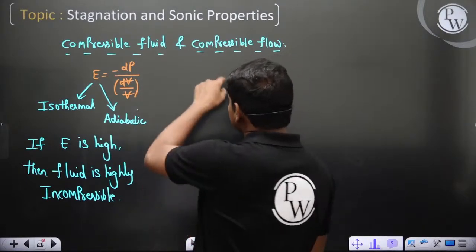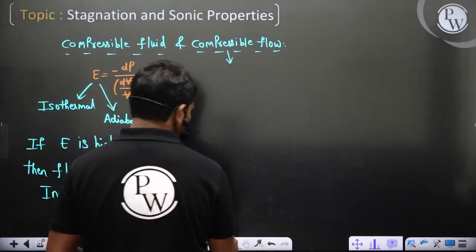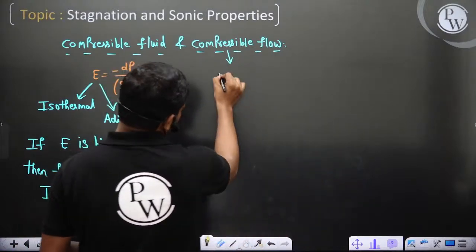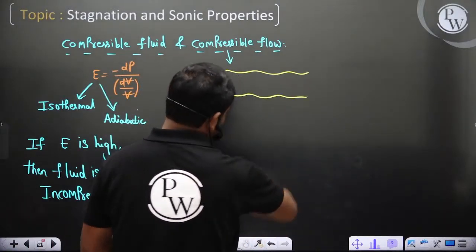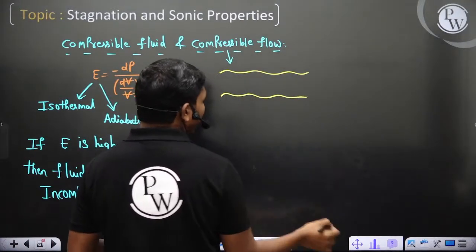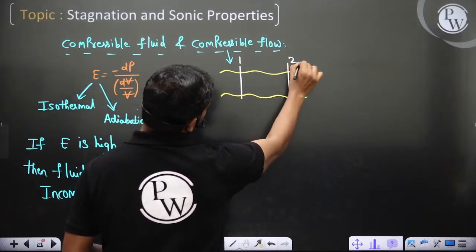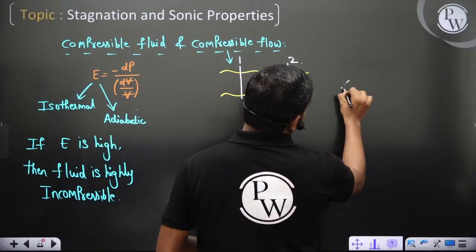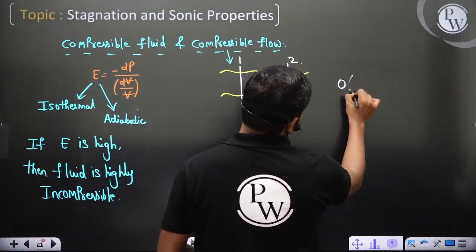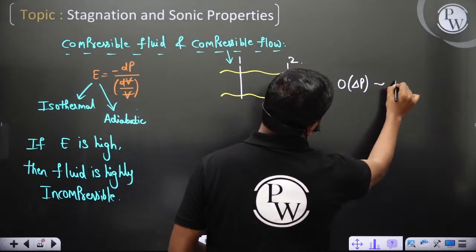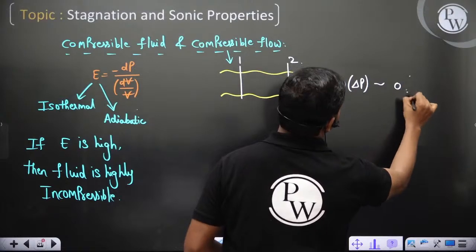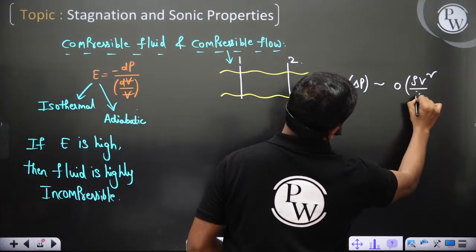And in case of compressible flows, practically what happens is, I have told you scaling analysis, so if you take these two sections, section 1 and section 2, normally the order of change in pressure between the two will be of the order of rho v square by 2 here.